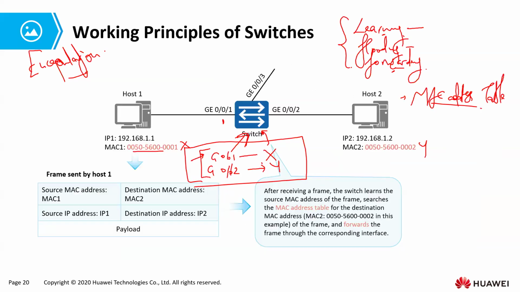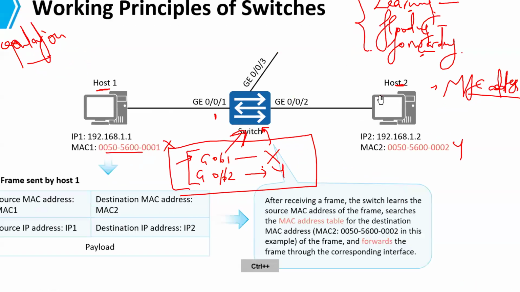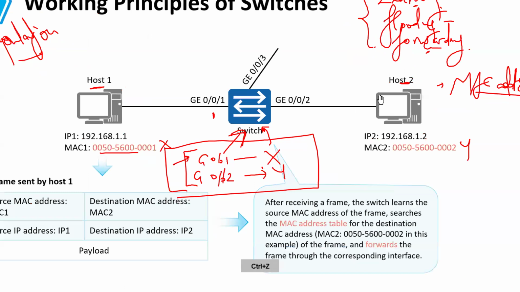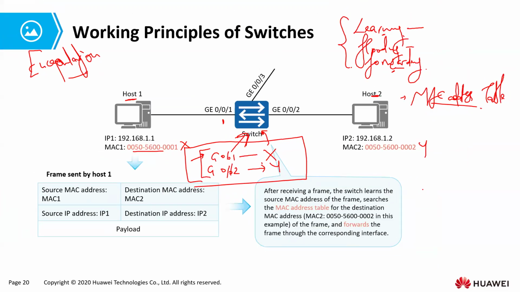So if I'm trying to send information from host 1 to host 2, my layers are 7. We start from the application layer, number 7, going down to the physical layer, layer number one. That is what defines the process of encapsulation.